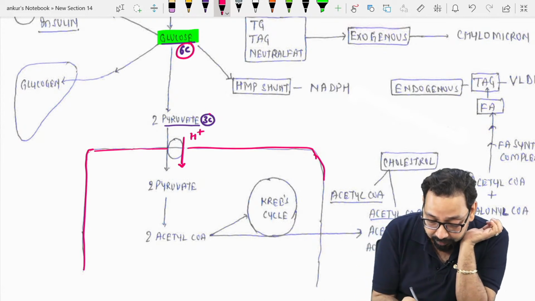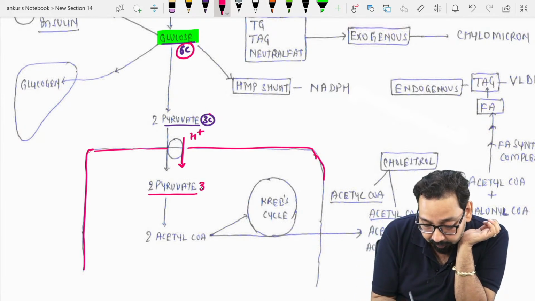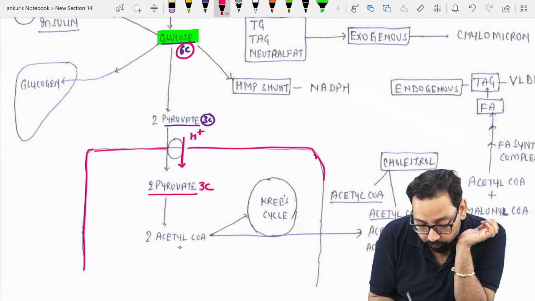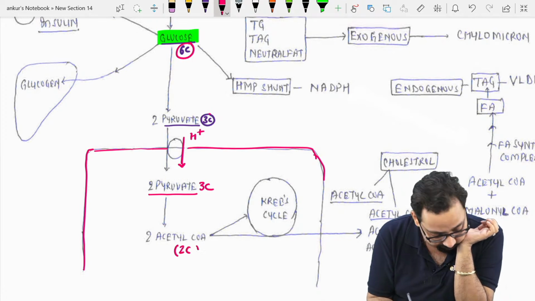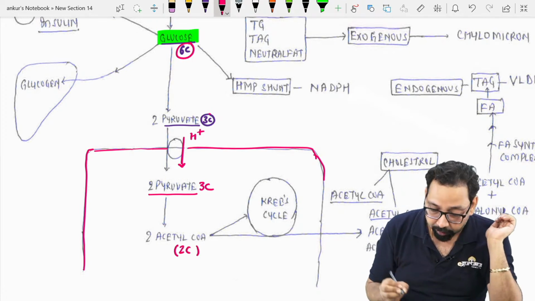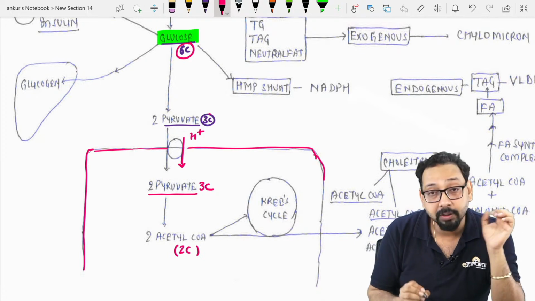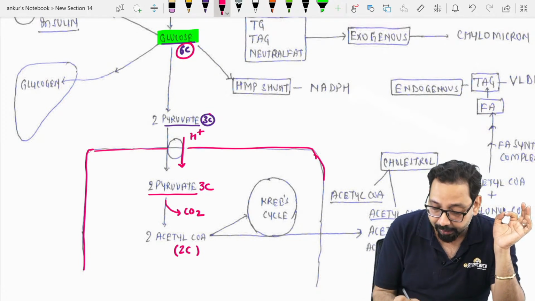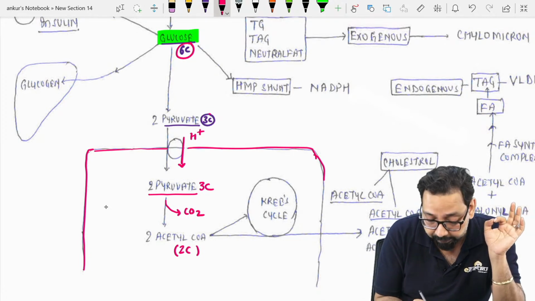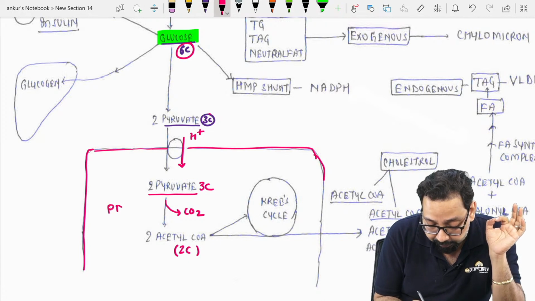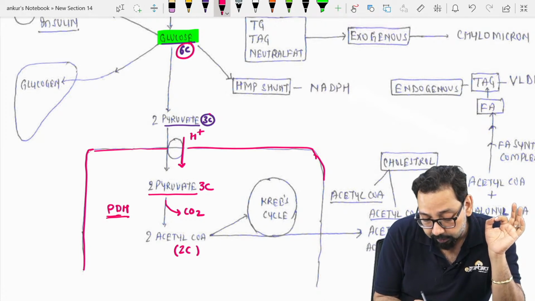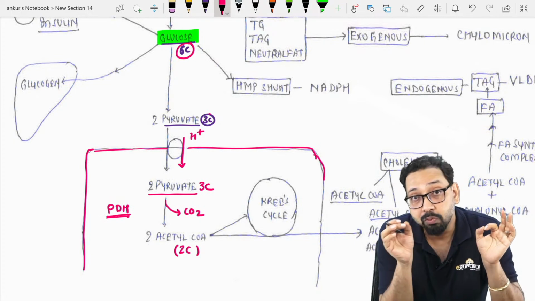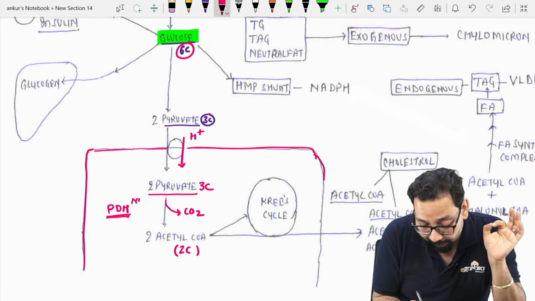Now pyruvate entering the mitochondria, having 3 carbon atoms, is converted to 2 carbon atom acetyl coenzyme A. In that conversion 1 carbon is removed, and removal of carbon dioxide is called decarboxylation, and in this the name of the enzyme is pyruvate dehydrogenase. Dehydrogenase means removal of hydrogen, and in this NAD is converted to NADH.